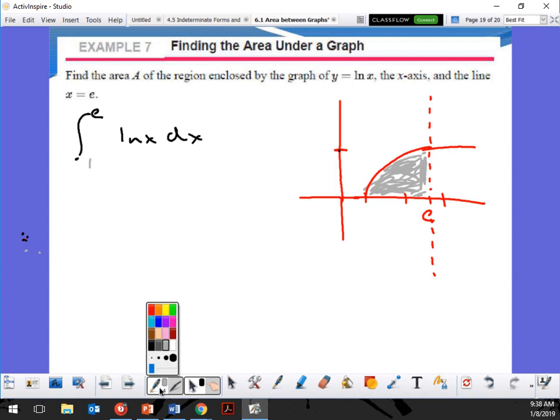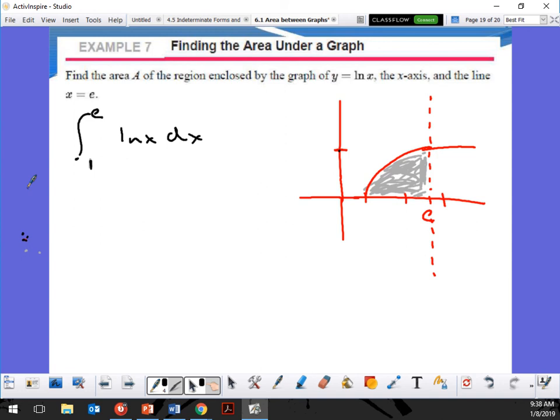From 1, right? Right there. Okay, so I could do that, but what's the integration of ln x? 1 over, oh, no, right. That's very weird. We haven't done that one yet, have we? No, we haven't done that one yet. Okay, so that's the reason why I wanted to set this one up.